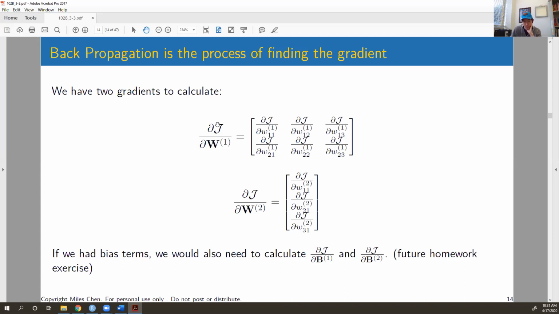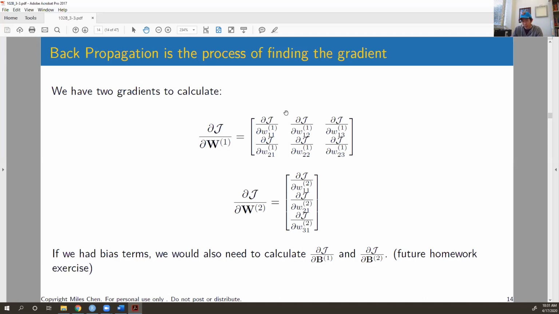And so the gradient of J, that's just the loss function, with respect to W1, okay, is going to be a matrix with the same dimensions as W1, okay? So W1 was our first weight matrix, and that was a 2 by 3 matrix of W's, right? It's got 6 values.